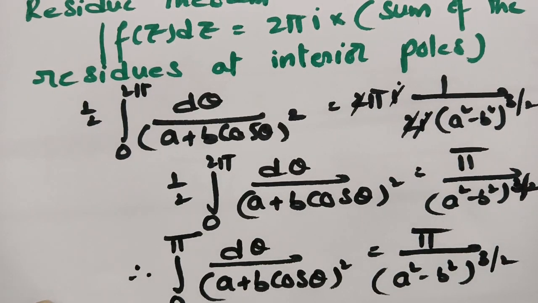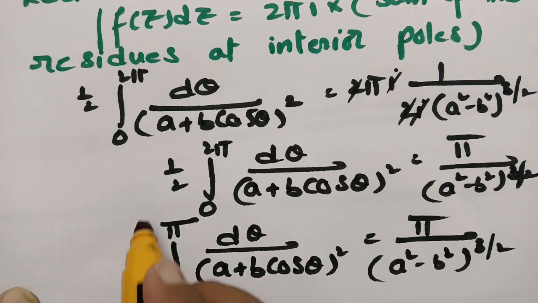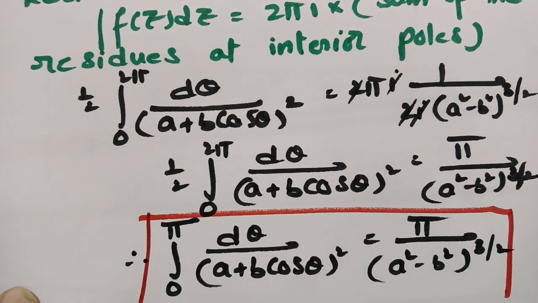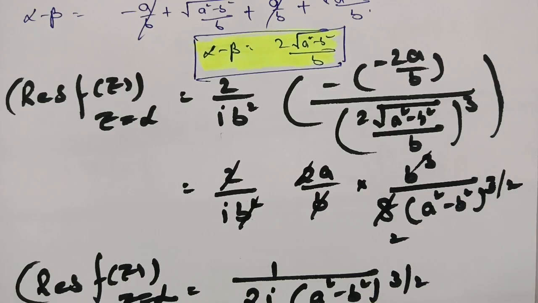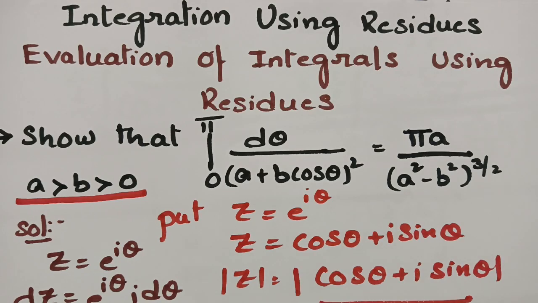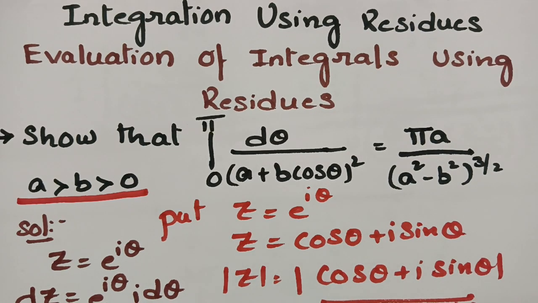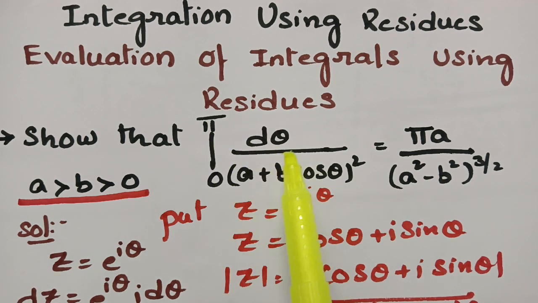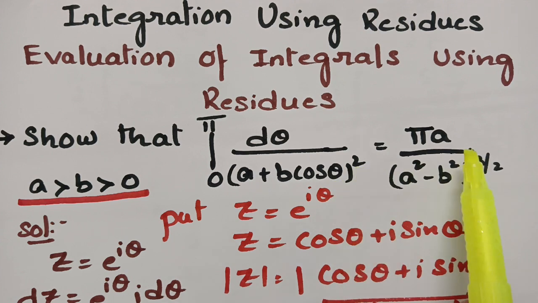So this is how we have to solve. Thank you so much for waiting, and let me explain it once more, as this is the most important theorem. Don't feel that this is lengthy; I explained it in a vivid manner, so it became a lengthy one. The question is evaluation of integrals using residues, and we have to evaluate the integral from 0 to pi of d theta by a plus b cos theta whole square, which is equal to pi a by a square minus b square.